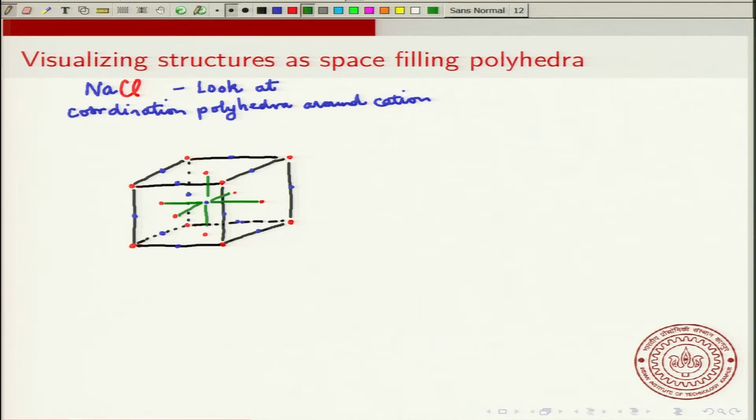These 6 ions are closest to the center sodium ion, and now you can make a polyhedron.